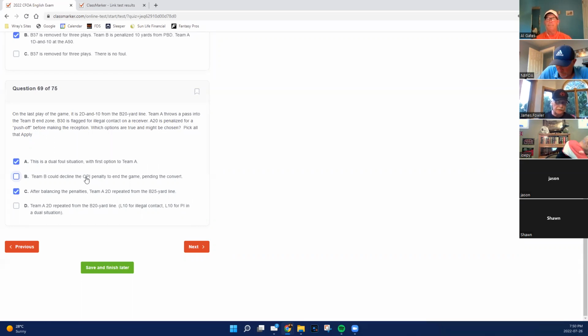Because the first flag is against Team B. So Team B can't decline the offensive pass interference and end the game, because theoretically Team A has the first option and could already have accepted it. That's the reason the statement's wrong.